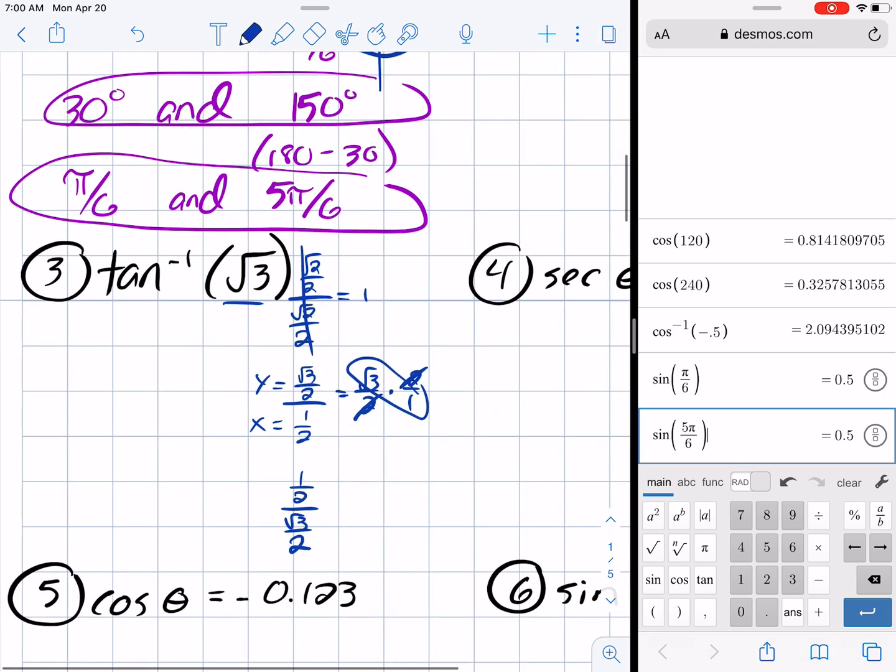Okay, so let's quickly sketch our unit circle here. The two quadrants where tangent is positive would be quadrant 1 and actually quadrant 3, because a negative over a negative gets us a positive. And we want to know where the y is root 3 over 2.